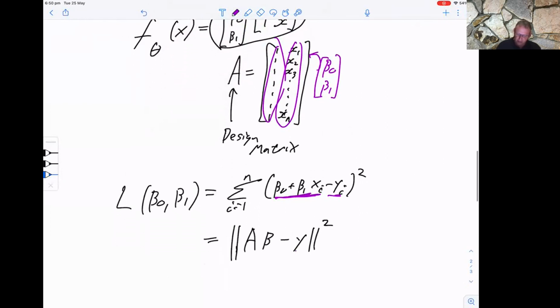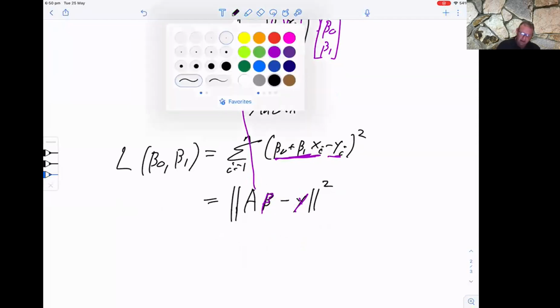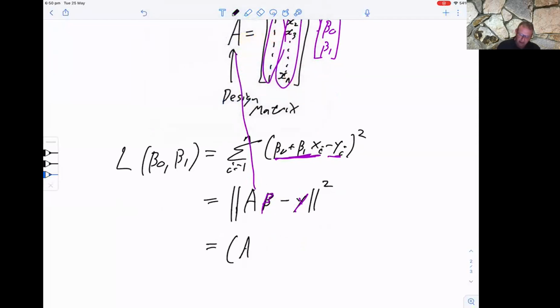This is a whole vector y here, and this is a two-dimensional vector beta, and this is the same matrix A. And norm squared just means A beta minus y transposed times A beta minus y. Okay, so what I want to say is that you can write the loss this way. That's actually not critical for our point.